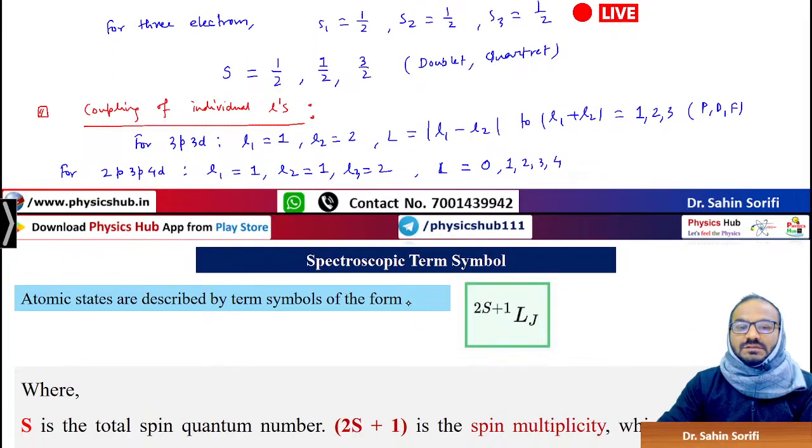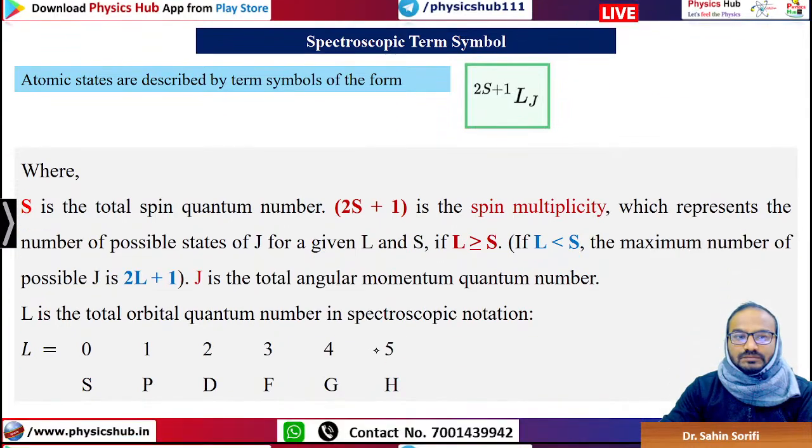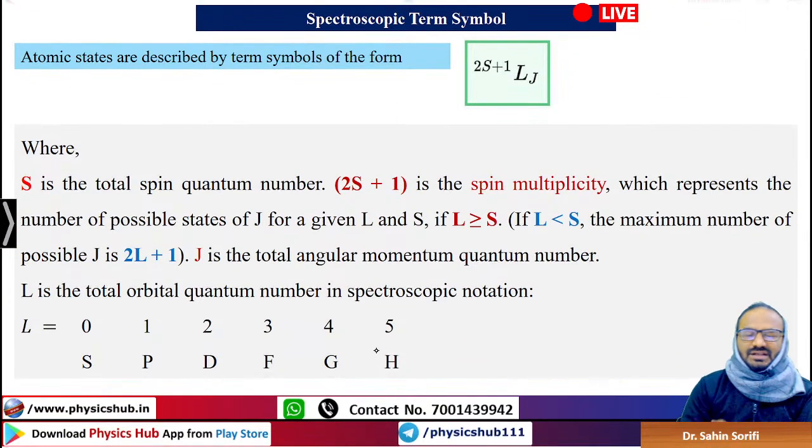Let us now talk about the spectroscopic term symbol. Generally atomic states are described by this term symbol. You see 2S plus 1, this is the multiplicity, then the term L, and J. Now this is not always used, but most of the time it is used.